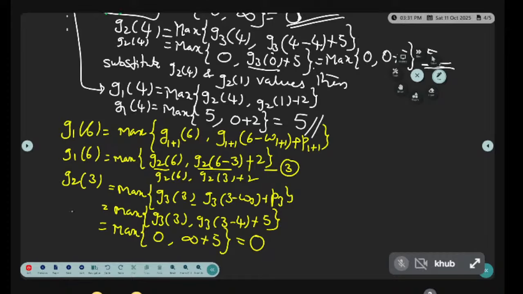So this is G2 of 3, which is negative infinite. You remember this G2 of 3.